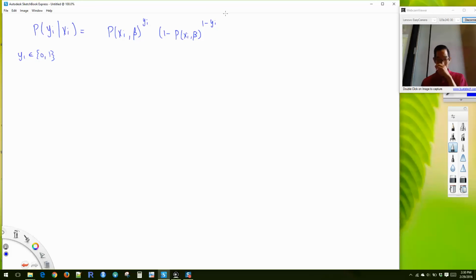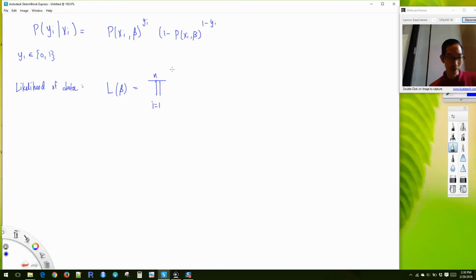That's how we combine those two into a single equation. Then the total likelihood of our data is just the product of all of this.